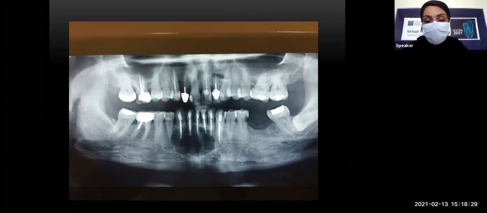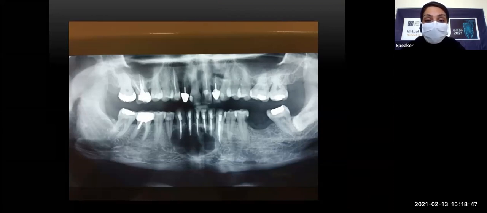Another tragedy that I presented for you is another patient for whom the dentist did root canal therapy on the mandibular anterior teeth, one after another.